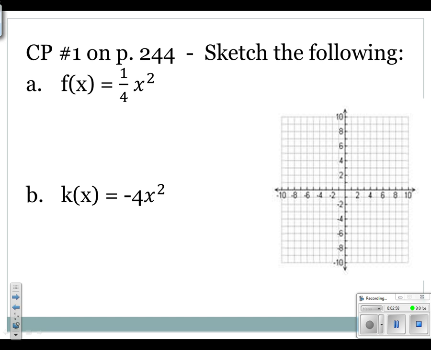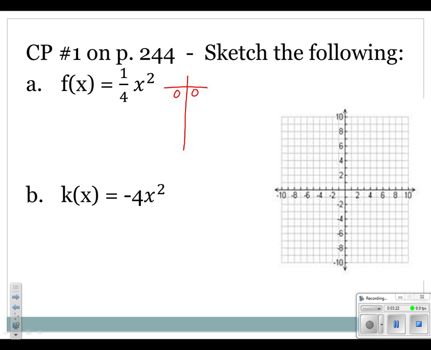So if we were going to do a little bit of sketching, let's sketch a couple of them. My top function is 1/4 x squared. Notice that the 1/4 is positive, so I know it hasn't been reflected. It's still going to be an opening up parabola. Pick a few values. If we put a 0 in, 0 times 1/4 is 0.